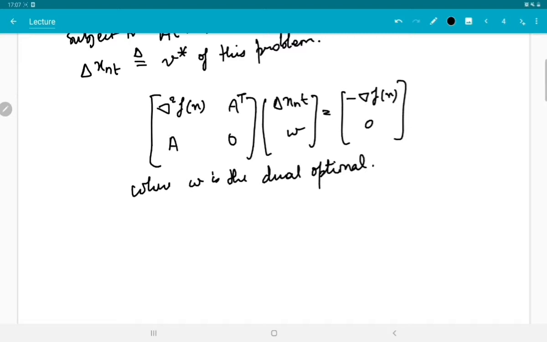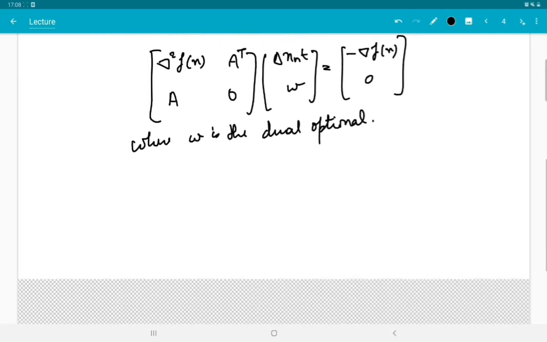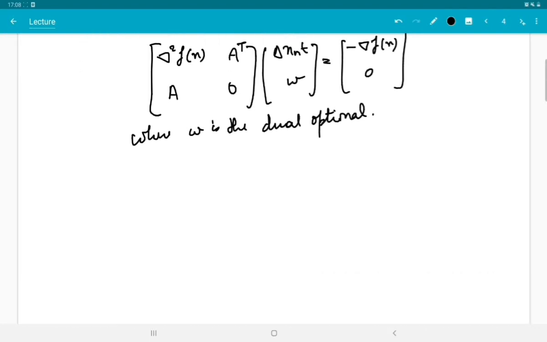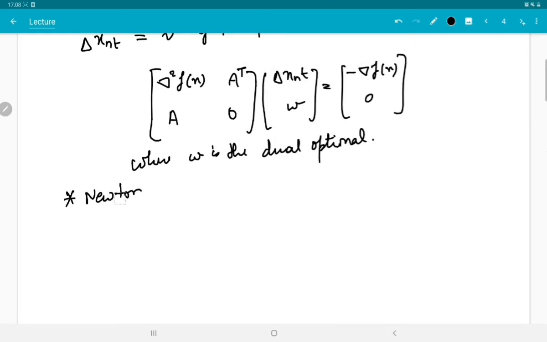Okay, now two important points. First is that this is the definition and basically the characterization of Newton's step. We'll expand this matrix and write it in the full way.